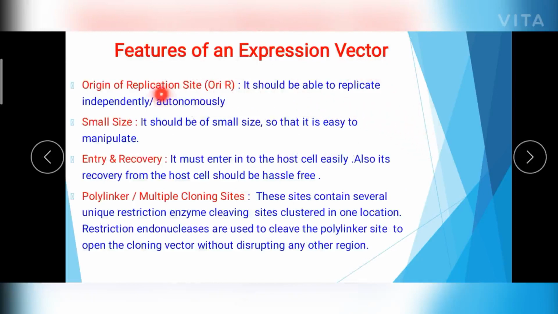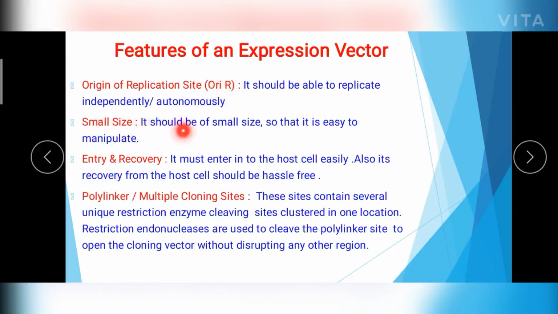The first one is the origin of replication. You know that the replicon is used to multiply the genome independently or autonomously. The vector will multiply, and along with it the gene which you are inserting gets multiplied, when the replicon is relaxed in nature.